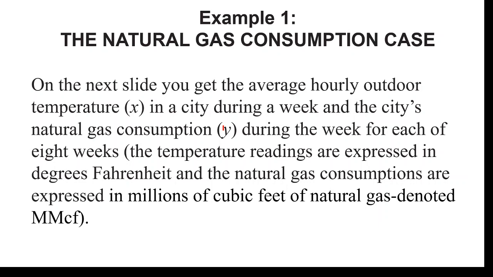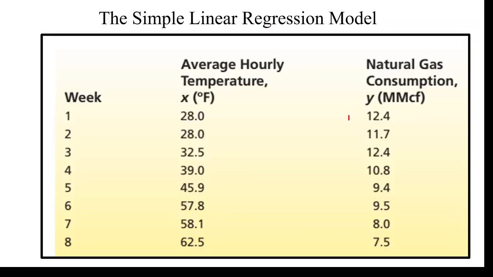So here we are given a case. What is the independent and the dependent variable? Independent variable is the average hourly outdoor temperature and the dependent variable is the city's natural gas consumption.